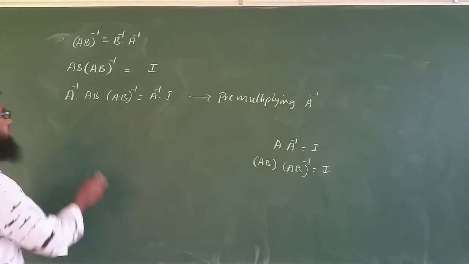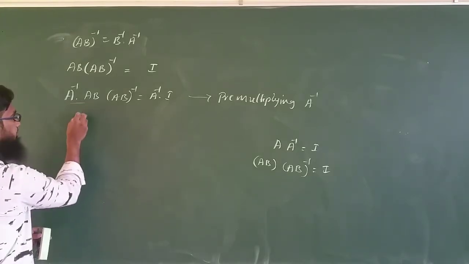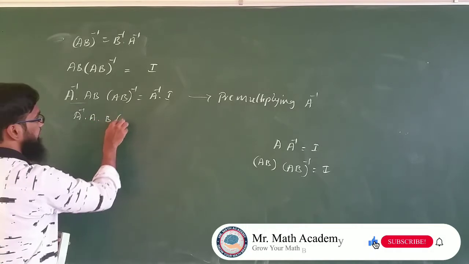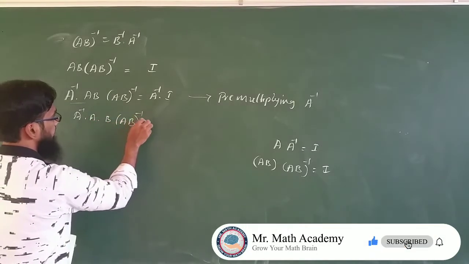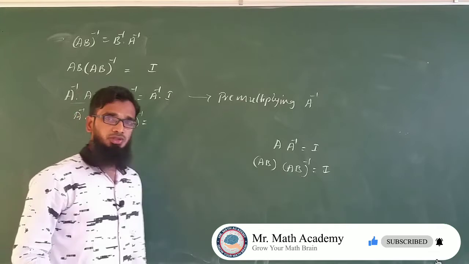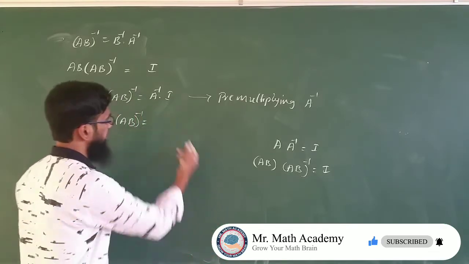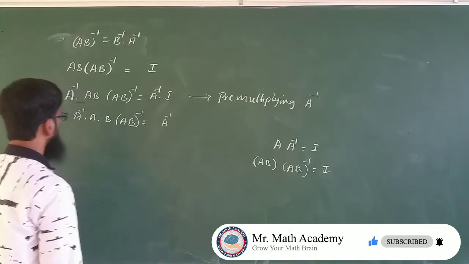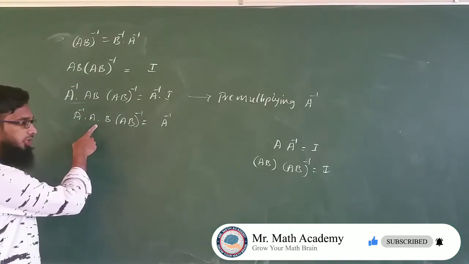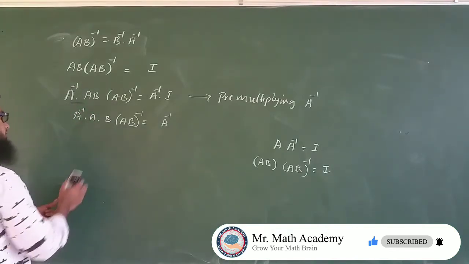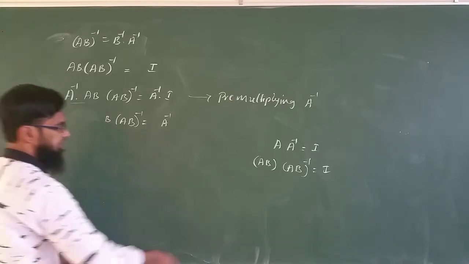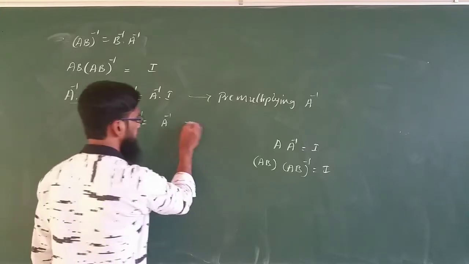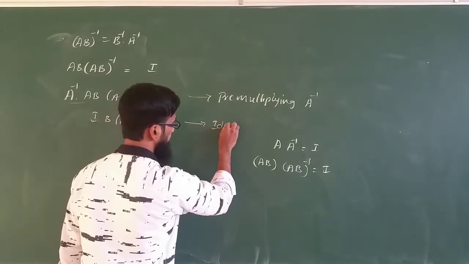Now I will take the separate terms here. This is A inverse into A, this is B, so AB whole inverse. We know that A inverse into I is nothing but the same matrix, because of the identity law. Here this A inverse into A, by the definition, I can write as I. This is because of the identity law.